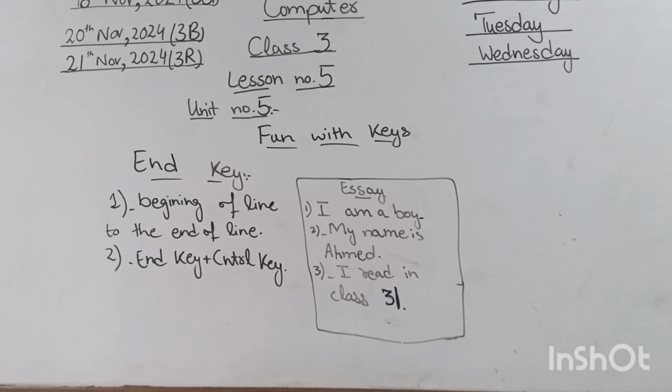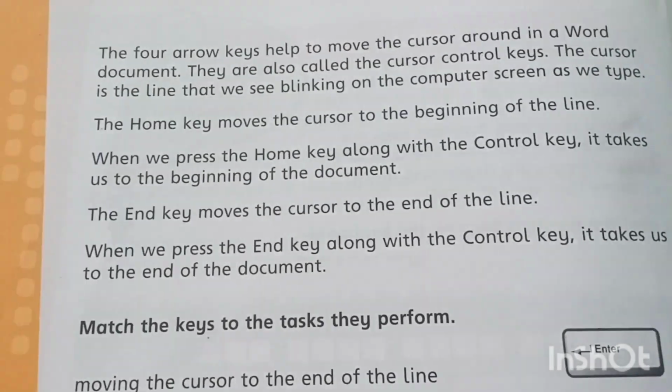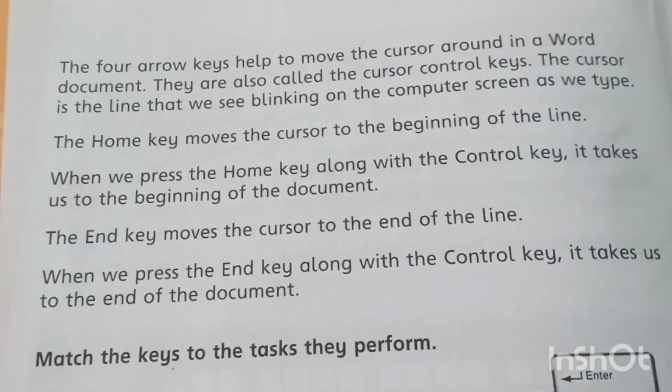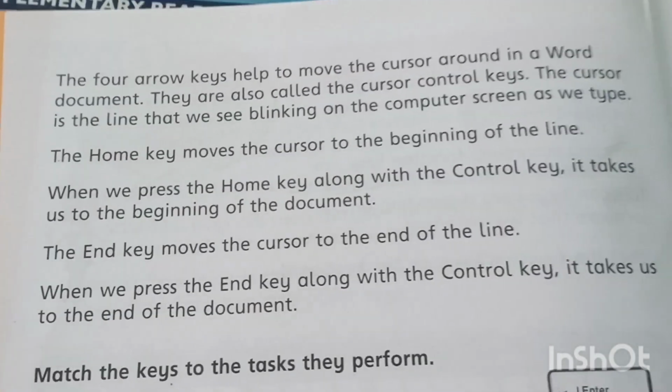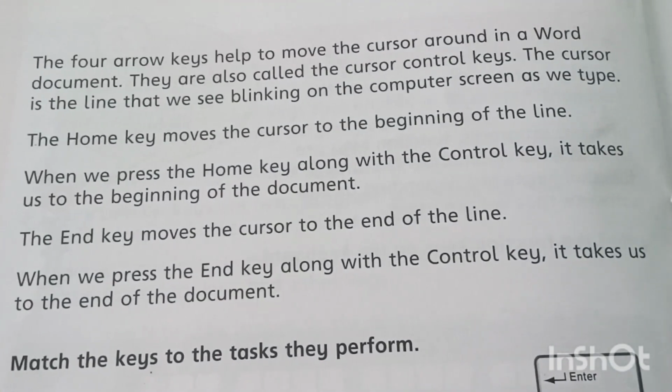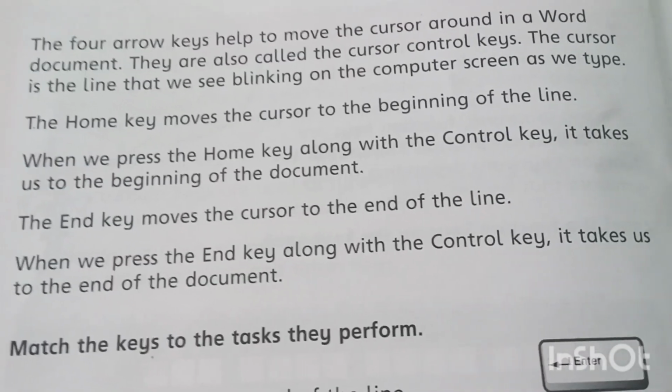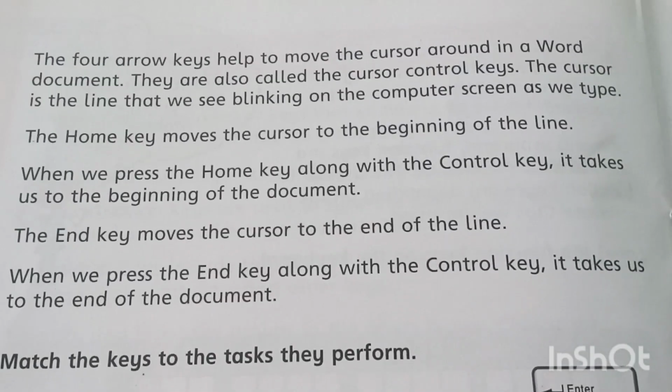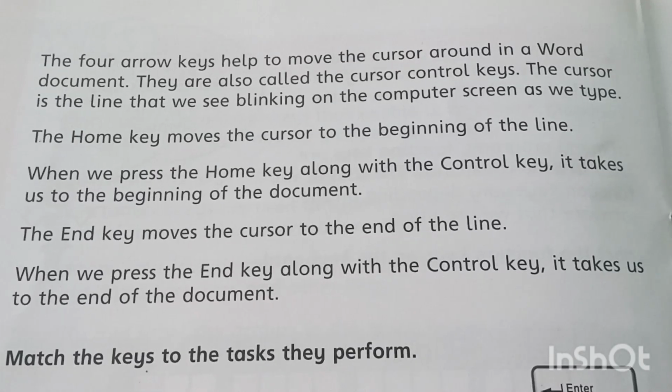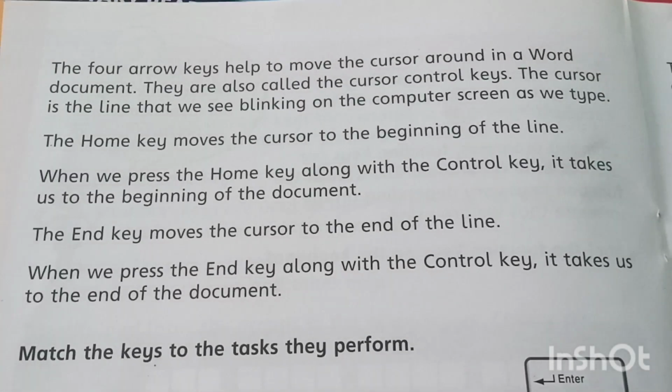Now students, let's read it from the book. Students, come to page number 40 of unit number 5, Fun with Keys. Okay, now who will read? Yes, Iman. The 4 keys help to move the cursor around in a Word document. They are also called the cursor control keys.